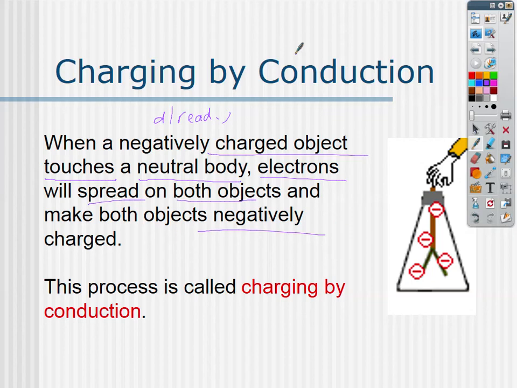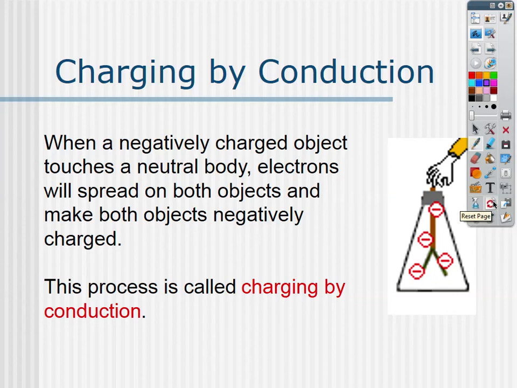So that means conduction creates the same charge on both objects. That's when you're going from something that is already charged to something that is neutral. So if this was positively charged, the other object would become positively charged as well.